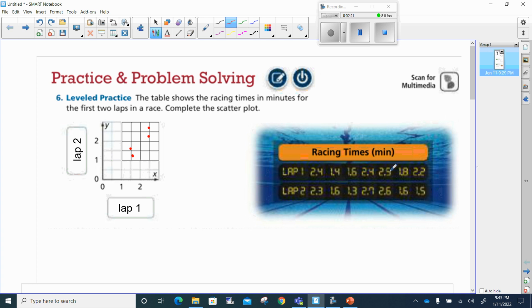Then we got 2.5 and 2.6. So 2.5 will be here, right on it. And 2.6, that'll be right here. Okay. Right on the line. Next, we got 1.8 and 1.6. 1.8 is going to be about right here, and 1.6 about right here.